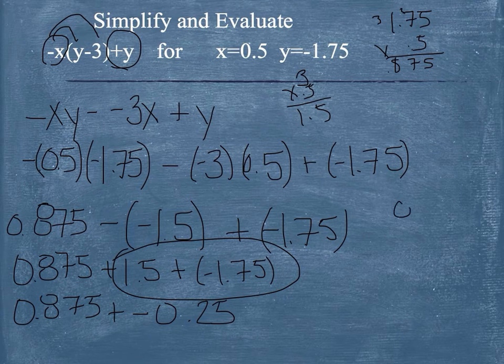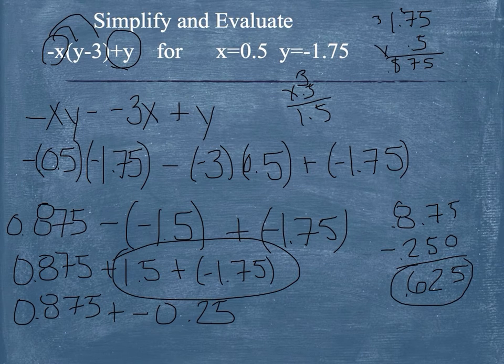Now I can take 0.875 minus 0.25 and get my answer. That way I'm dealing with fewer decimals. And I get 0.625, positive. So it seems like a lot of work, but it's basically addition and subtraction after we substitute it in.